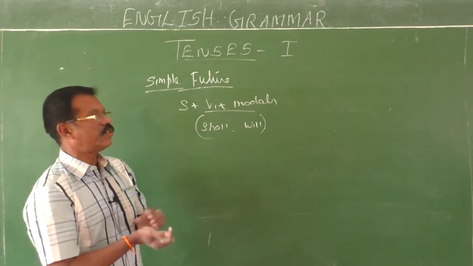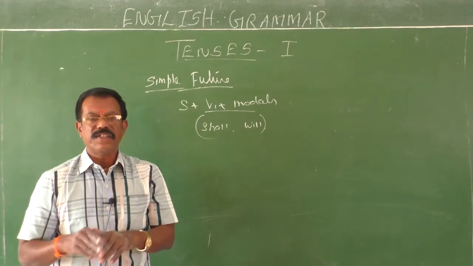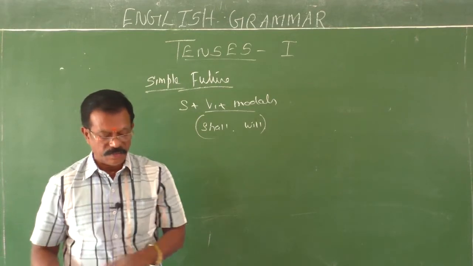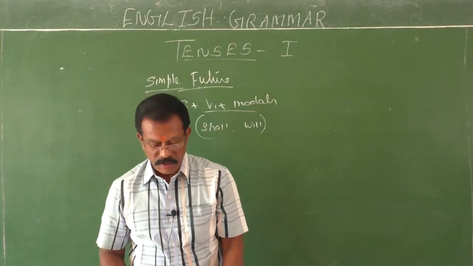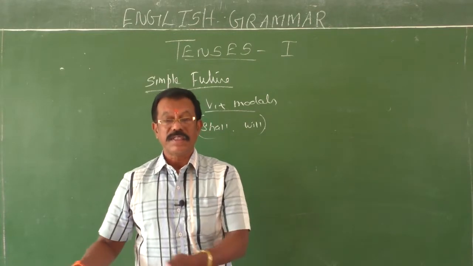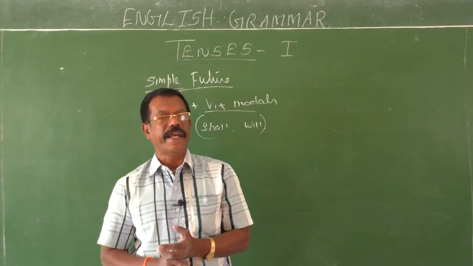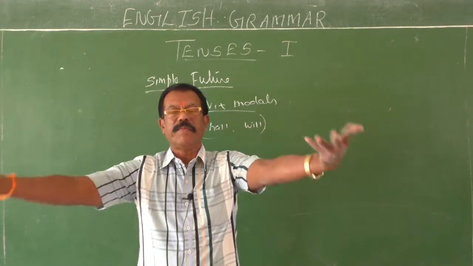So we use this future tense to refer to the things which is going to take place in the near future. Why we use these future tenses? See, whenever you may have very good plans in your mind. So see, you have 3 more days to celebrate Deepavali. On the day of Deepavali, I will meet my friends.